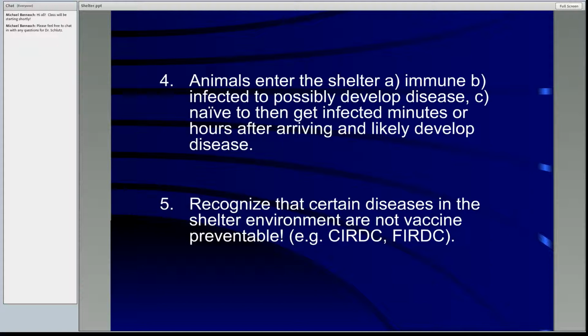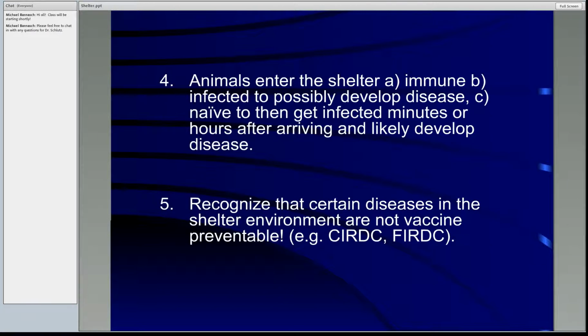Recognize that certain diseases in the shelter environment are not vaccine preventable. For example, I could have taken all of the vaccines available for humans and I would still have developed kennel cough. So too can the dogs get every vaccine that's available for that particular disease, or the cats, every vaccine that's available for preventing feline infectious respiratory disease complex, and they may still get it.